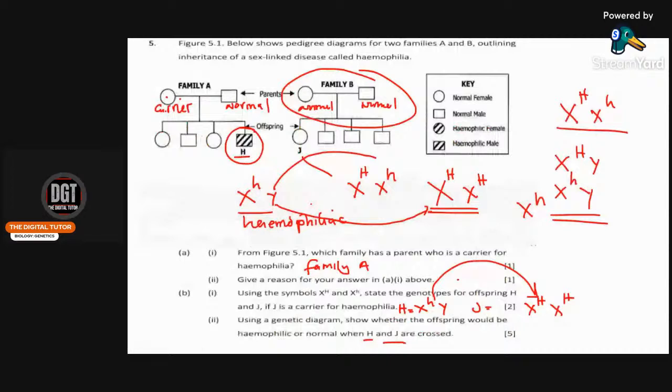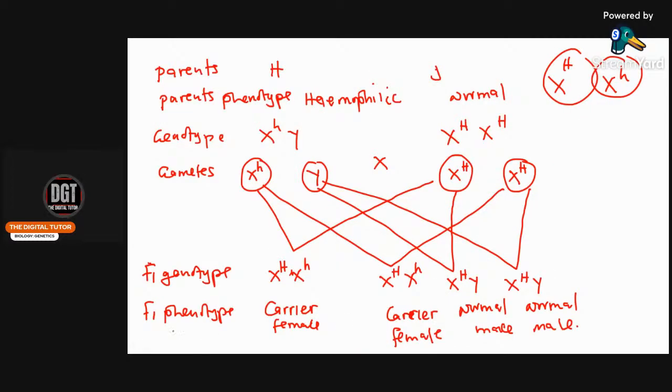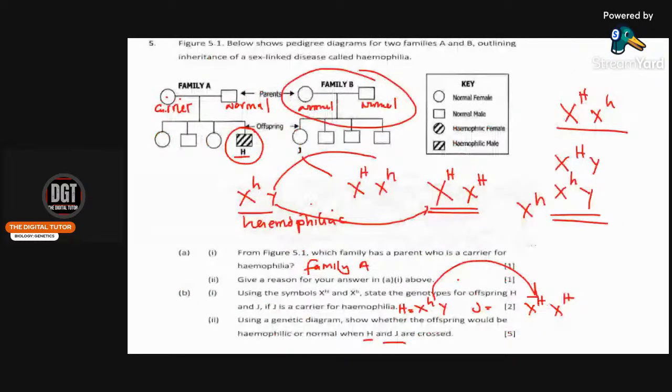Using the genetic diagram, show whether the offspring would be hemophilic or normal when H and D are crossed. So here the offspring will be what? Will be normal. Only carriers, but they will be normal. Unless you had used this one as a genotype, which is why we are trying to avoid that. Because in the first one, from the diagram, which family has the parent who is a carrier for hemophilia?